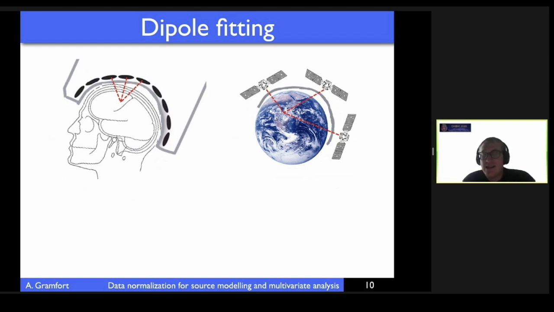When you do dipole fitting, you're trying to fit the location and orientation of a dipole that will explain your data. You're doing some kind of triangulation. You have the attenuation of the field given the distance between the source and the measurements, and given these attenuations measured at different locations, you can pinpoint the location of your source.